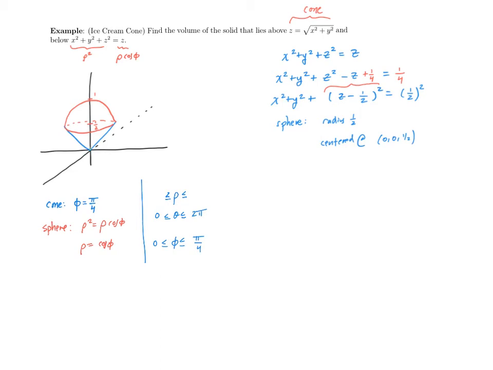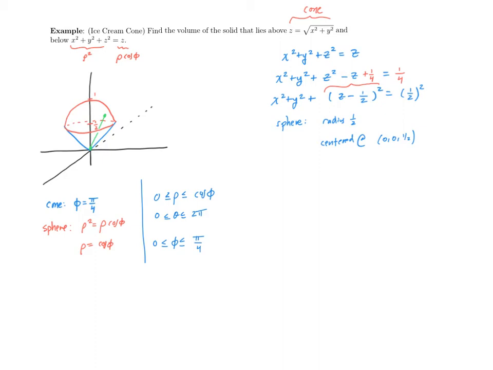You can have your rho value as small as 0 if you're located at the origin. And then if you travel along a ray coming out from the origin until you hit that ice cream scoop, your rho value would vary from 0, the origin, up to cosine phi when you hit the scoop of ice cream.